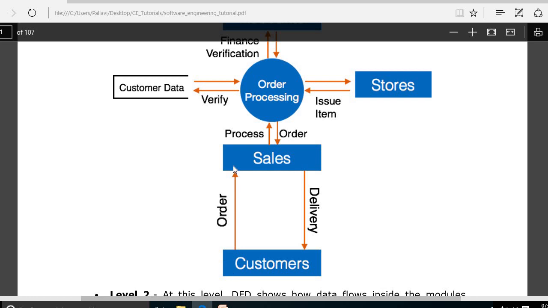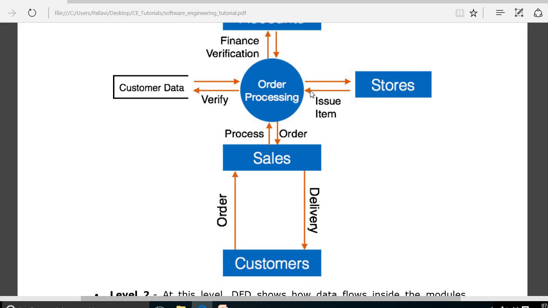So customer, order, sales, delivery, and sales again depend on the process, order processing. So sales process order, and order process gives order to sales, and stores again issue them directly, in both ways communicating with the process order processing.